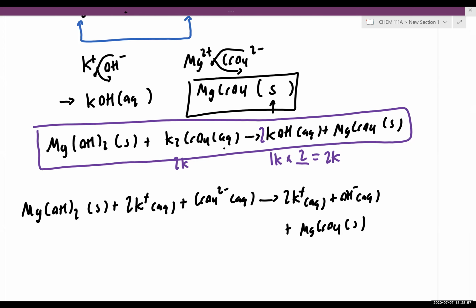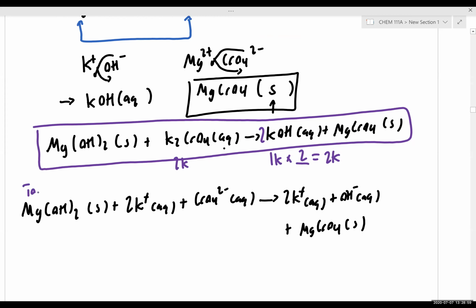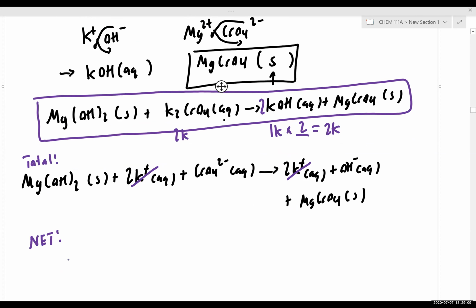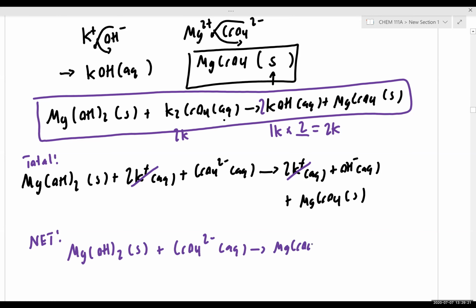Now, once we have our total ionic equation, we cancel our spectator ions to get the net ionic equation. So potassium gets canceled, and we're left with the following equation. So magnesium hydroxide solid plus chromate leads to magnesium chromate solid plus hydroxide.